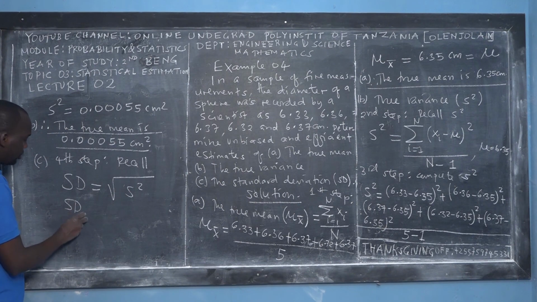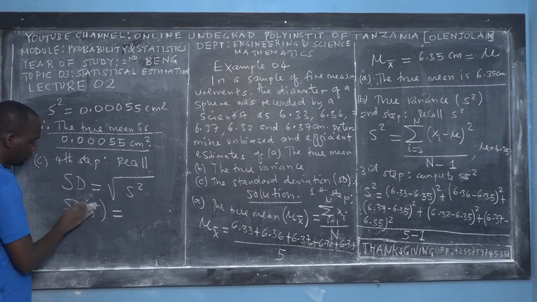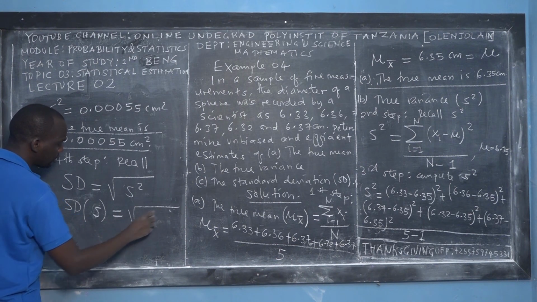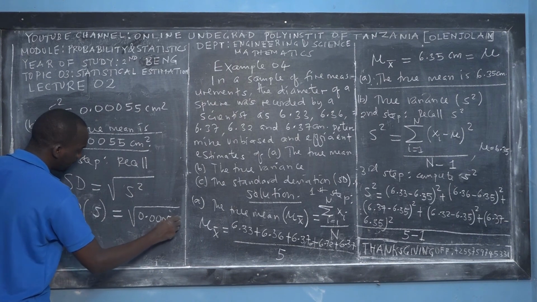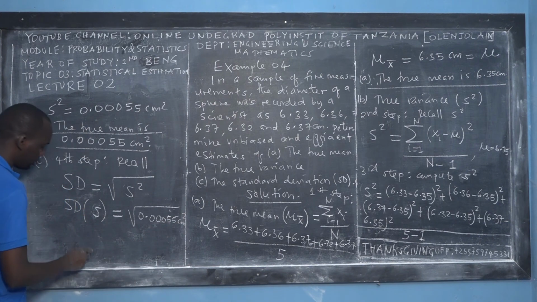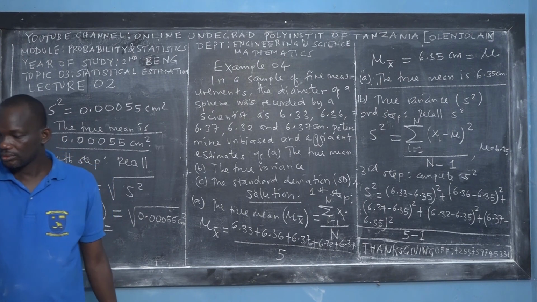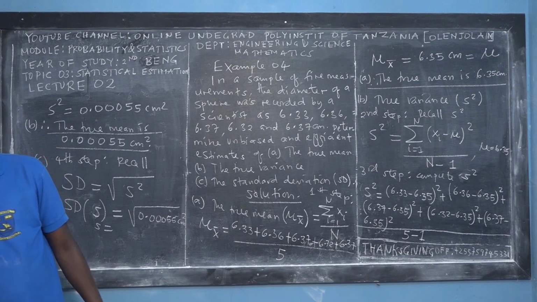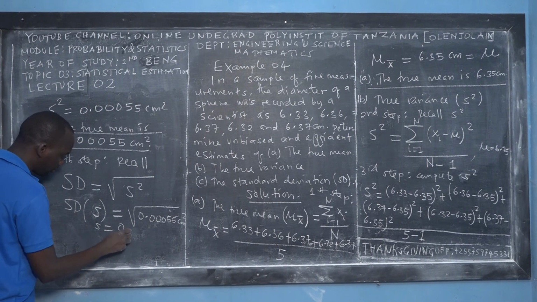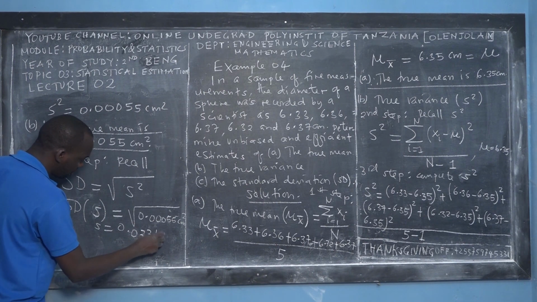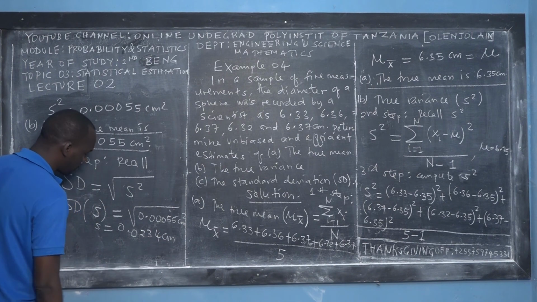So standard deviation, or you can call it just S in this case, is equal to the square root of 0.0055 centimeter square. And then the value for standard deviation will be 0.0234, by using your scientific calculator.